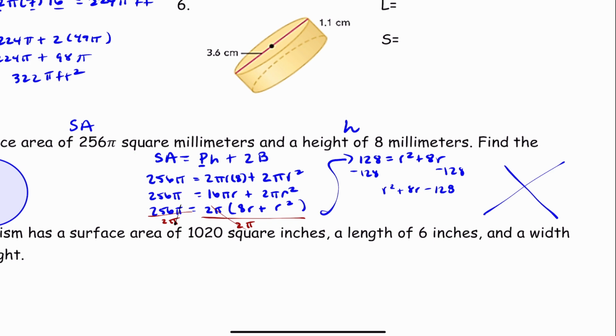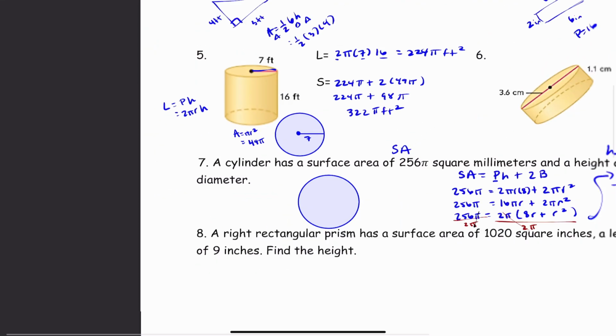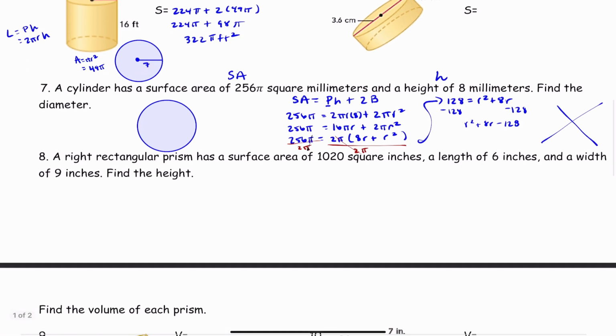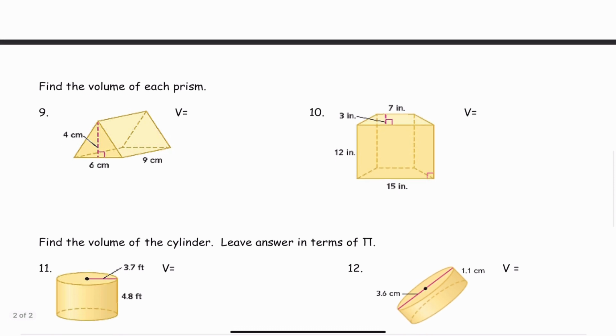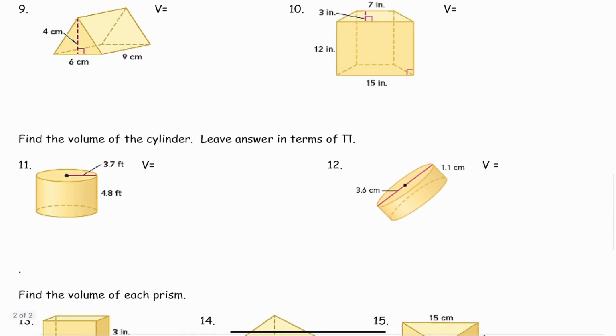Once you do that, remember, you're finding the diameter, okay? So I'll let that be an exercise for you. All right. Now let's take a look at some volume problems, and then I'll be done.